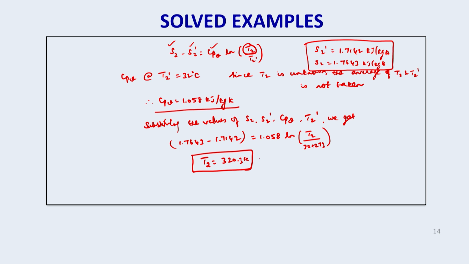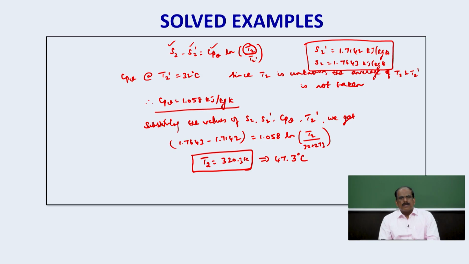320.3 Kelvin, which is equal to 47.3 degree centigrade. So the refrigerant is compressed from state 1, from a temperature of minus 10 degrees centigrade in a superheated state, to a superheated state at state 2, with a discharge temperature of 47.3 degree centigrade.